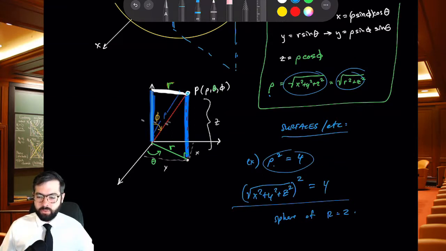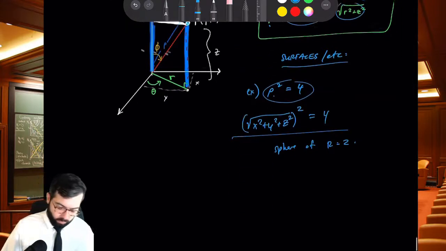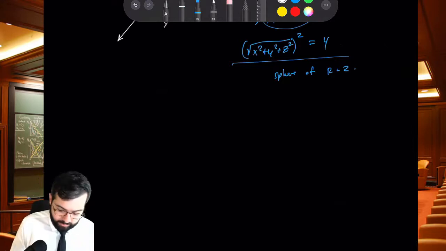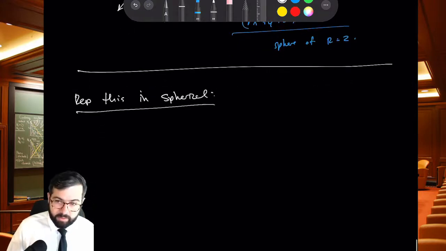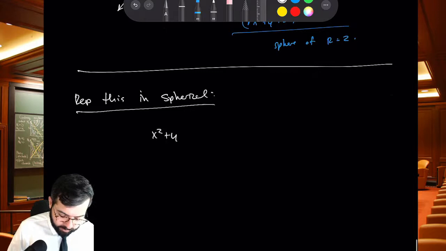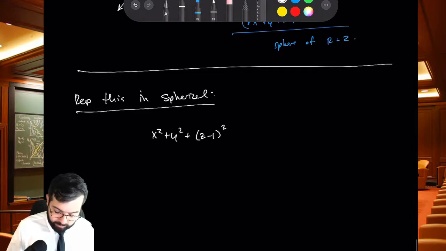So let's do one quick example here, and then we'll call it. Represent this in spherical. So we've got x squared plus y squared plus z minus 1 squared equals 1.